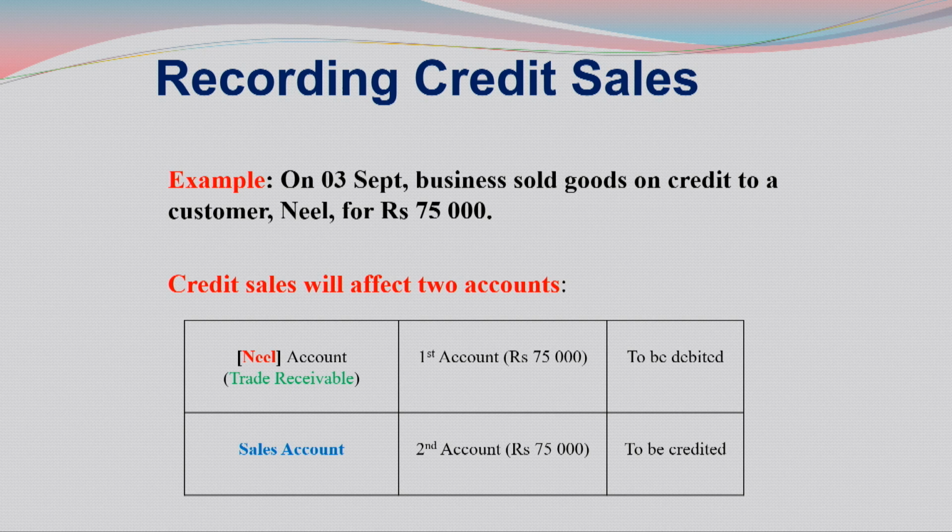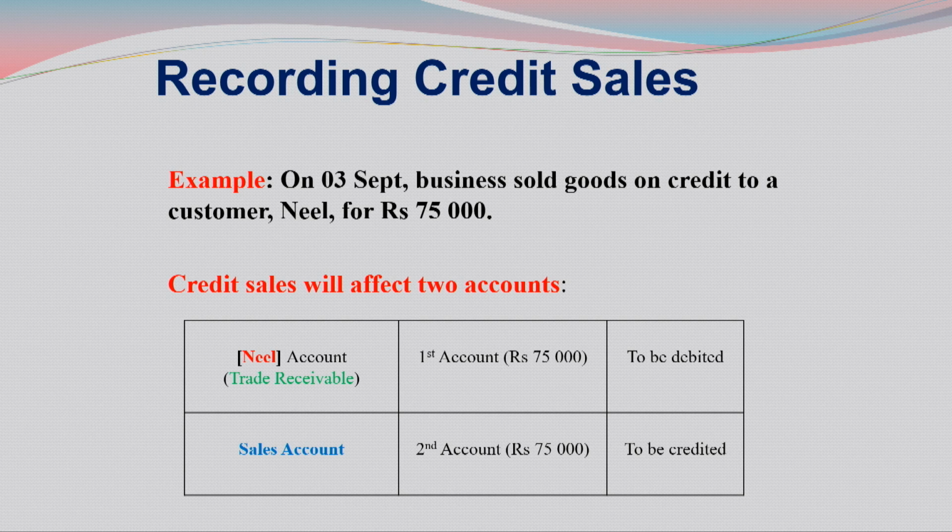The sales account will have to be credited by 75,000 rupees. The second account that will be affected will be Neil account. Neil account will be debited by 75,000 rupees.